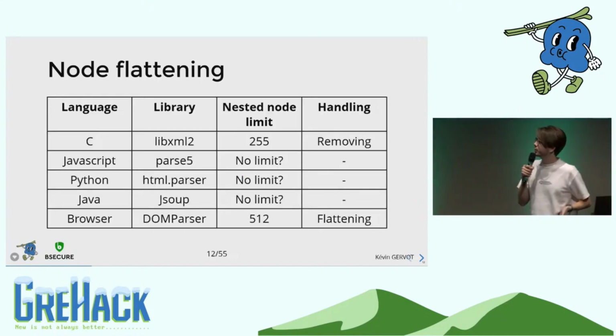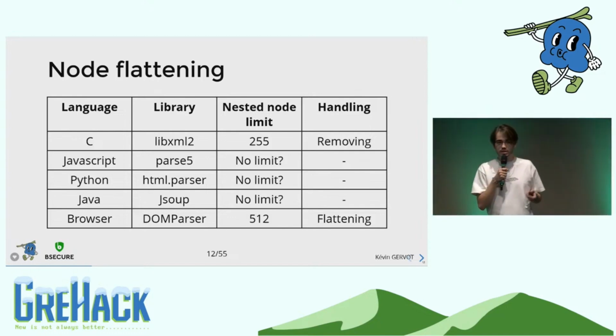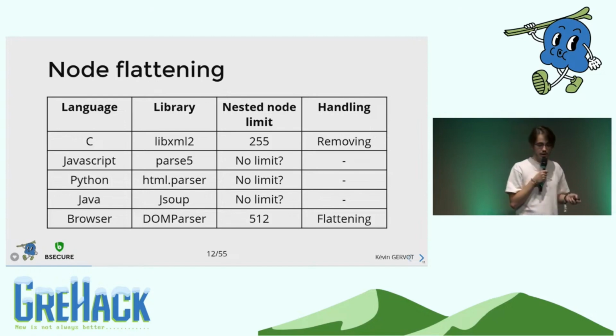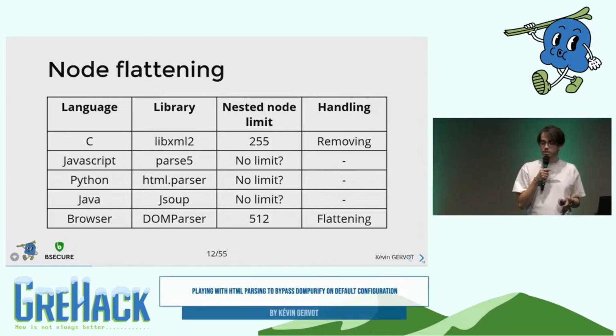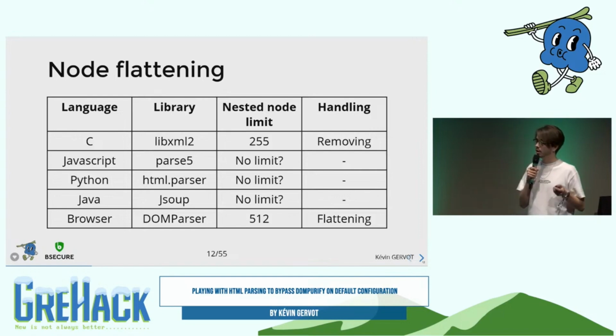As an example, if we take a look at the following table, we can see that in the libxml2 library, which is, by the way, also used by PHP, Ruby, and many more languages, the nested node limit is set to 255, and all the nodes above are getting removed. While in the context of JavaScript, Python, and Java, this time there are no limits related to it.